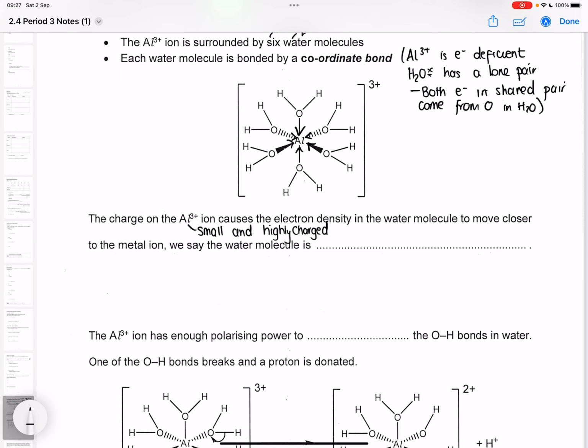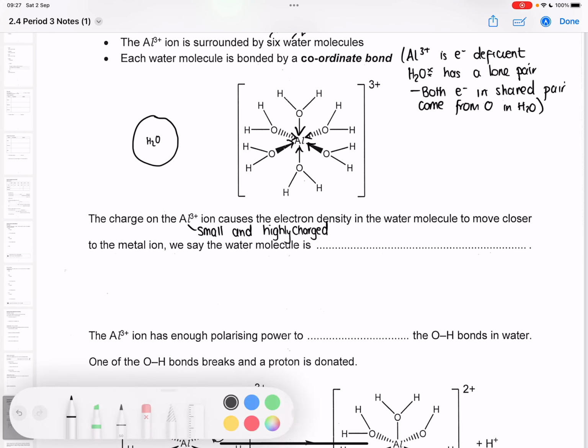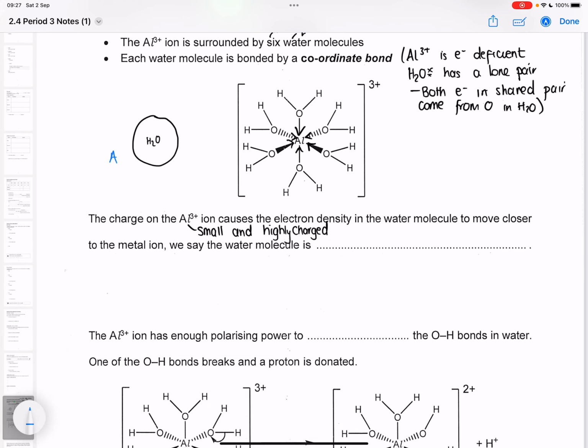So if you could imagine, originally the water molecules had this spherical distribution of electrons in shells around them, and now it's going to be unevenly distributed. So we're going to imagine that the aluminium 3+ is pulling the electron density closer to it, so it's polarizing. The electrons are coming closer to the aluminium.